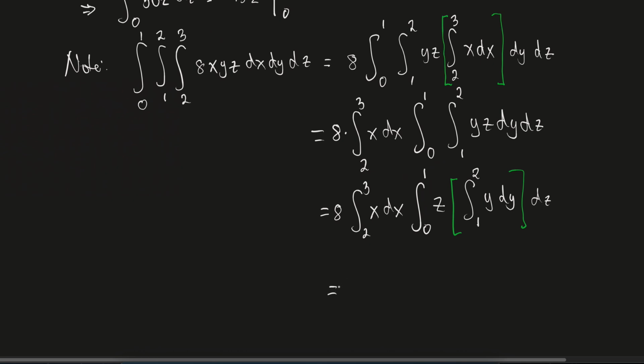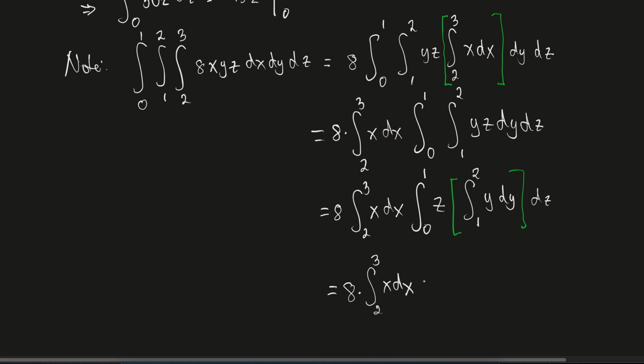So that triple integral that we started with, because of two things, because the integrand, or the function 8xyz, is factorable, and because all three pairs of limits are constant, then we can express that triple integral as the product of three single integrals.